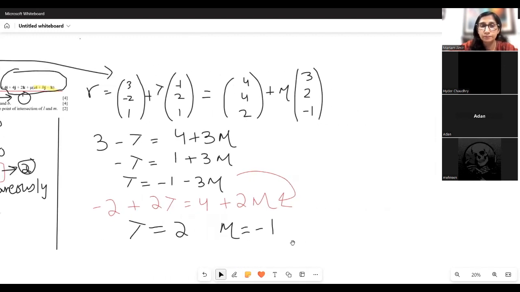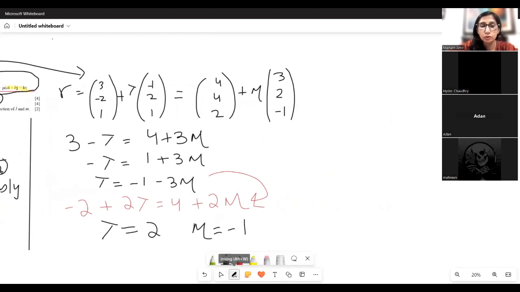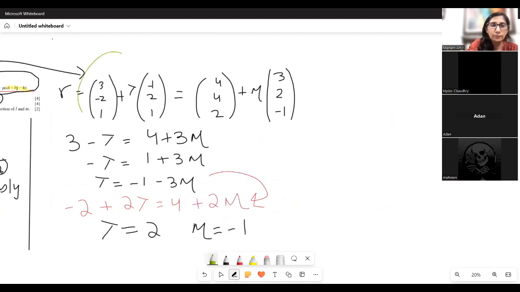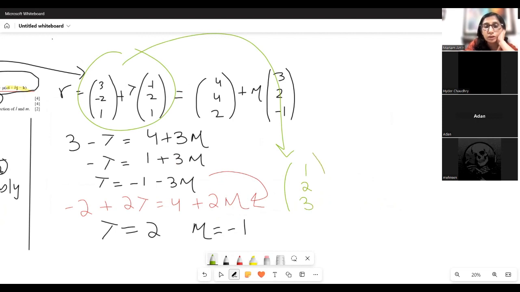Very correct. Lambda is 2. So when lambda is 2, we get 3 minus 2, which is 1. Then -2 plus 4, which is 2. And then 1 plus 2, which is 3.